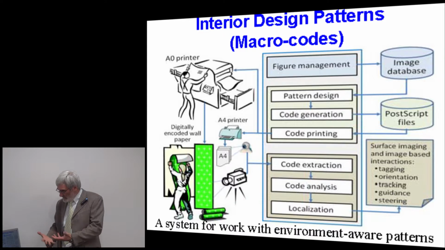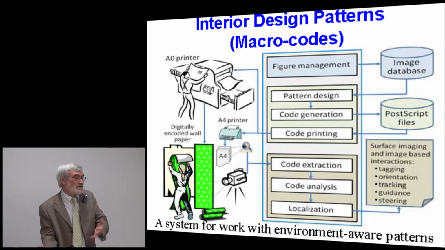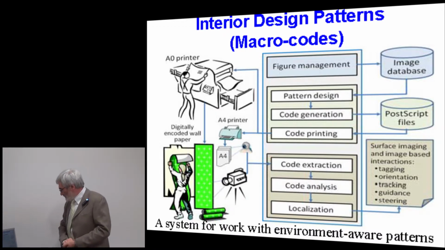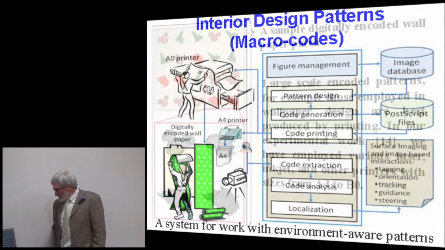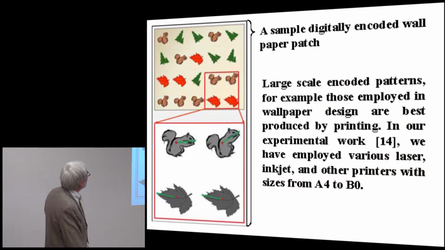So it's something much more precise and much more reliable than GPS, especially indoors, because you don't get a good GPS signal, if any, indoors. So here is an example of something encoded.